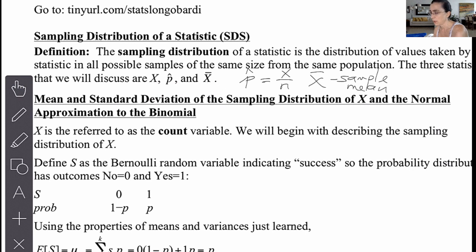So we're going to begin with the count variable, where x we refer to as the count variable. Remember the number of successes, when we look at n observations, or we attempt to observe it n times. So x is referred to as the count variable. We will begin with describing the sampling distribution of x.